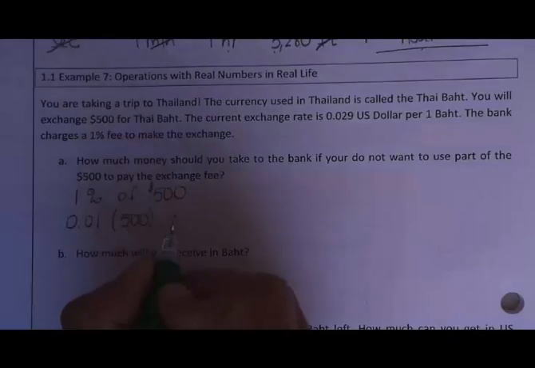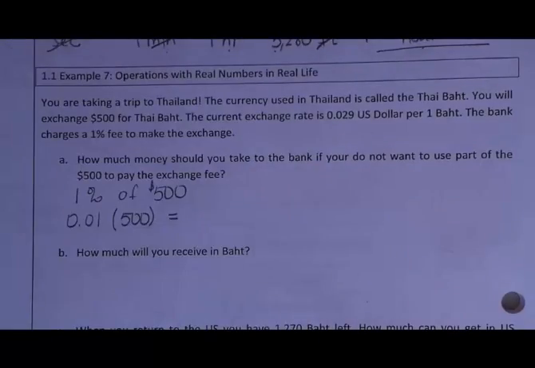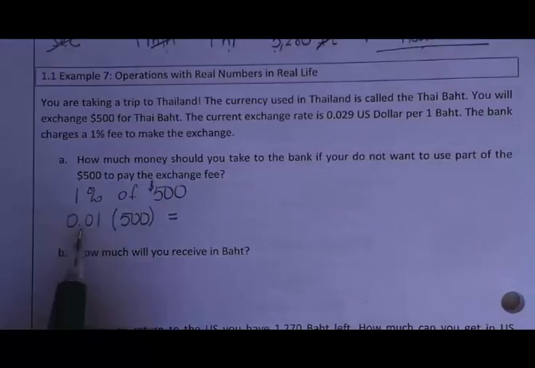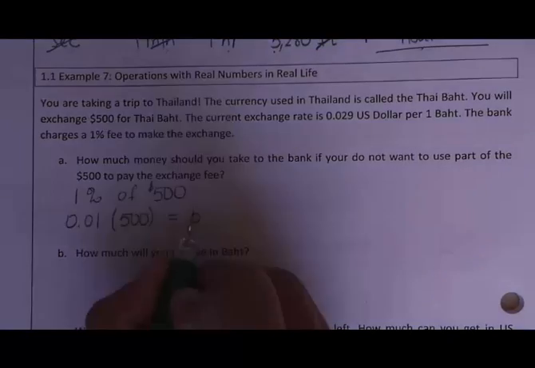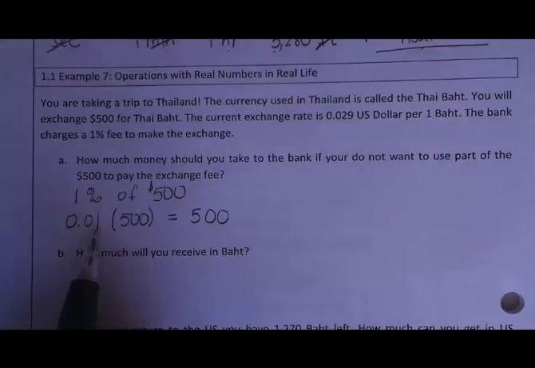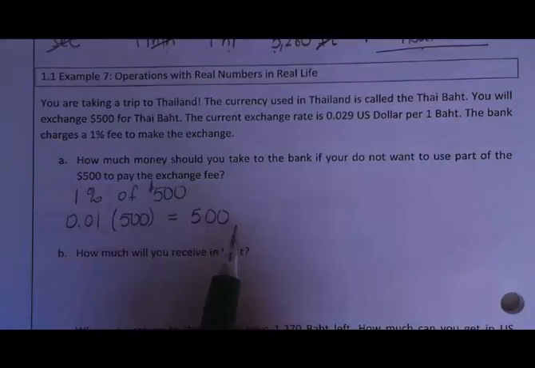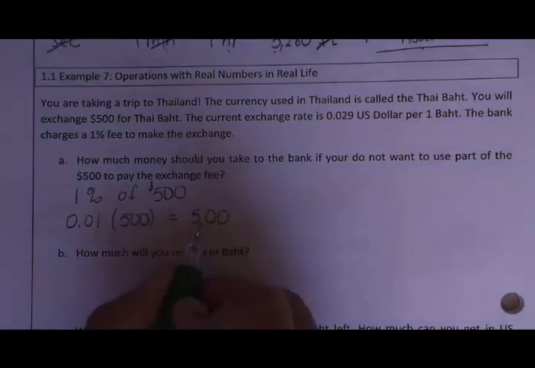Now, you can get out your calculator, but you don't need to. Think of this decimal place as being gone. So just think of multiplying 1 times 500. What's that going to be? That's correct. That's going to be 500. But I have to account for those 2 decimal places. So if my decimal's here, I'm going to go back 2 spaces, and I end up with basically $5. There's a $5 fee.